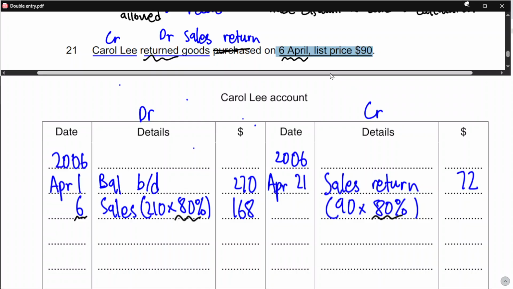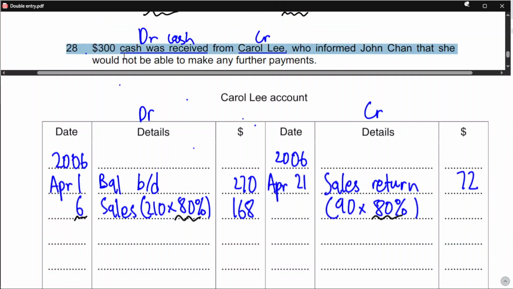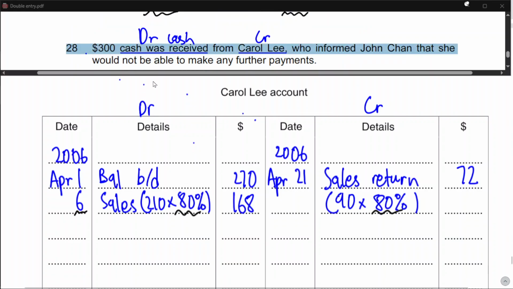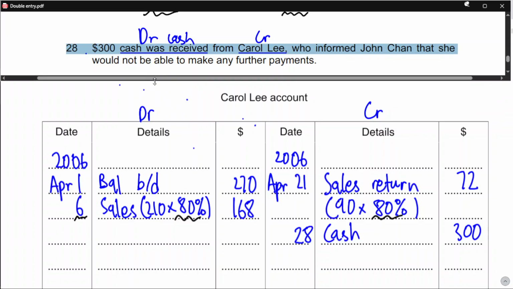Now let's go to the next line. Go to Caroli account. Then Caroli credit cash by 300. Now let's go to the next line.